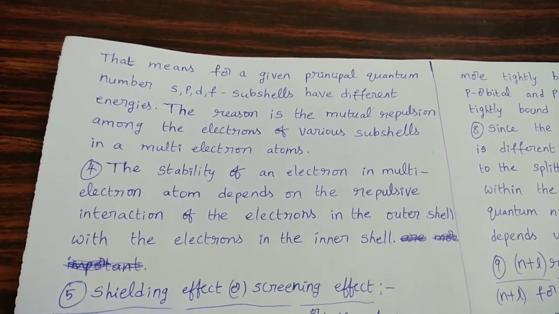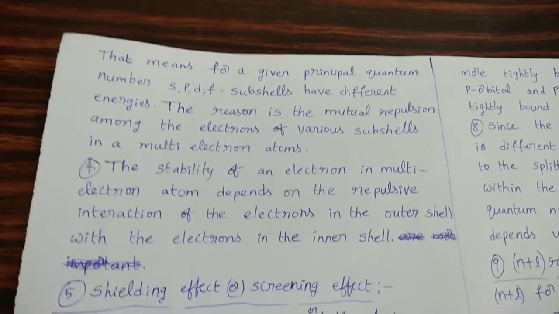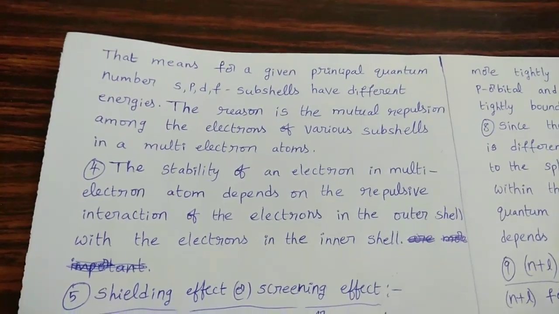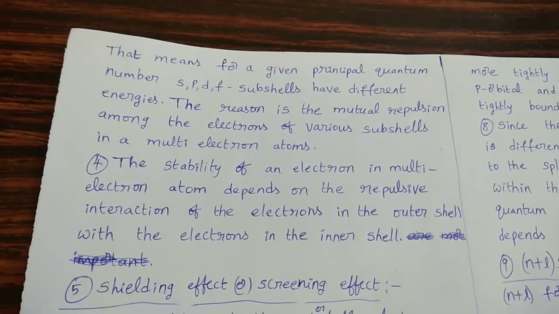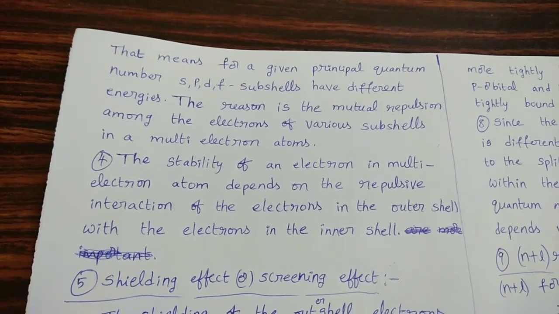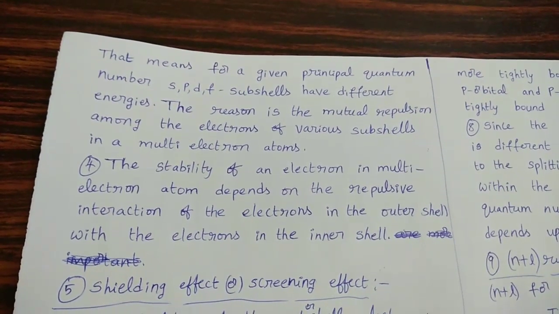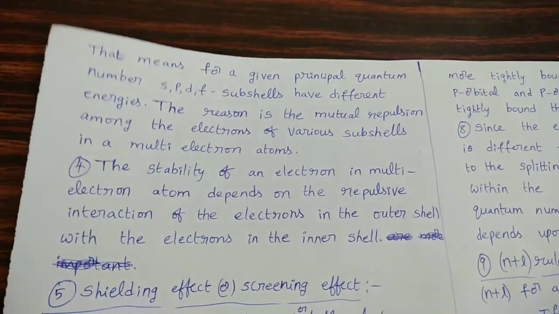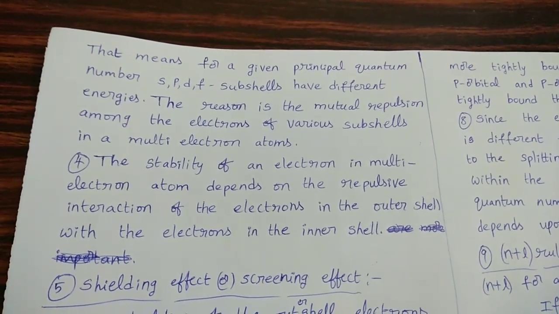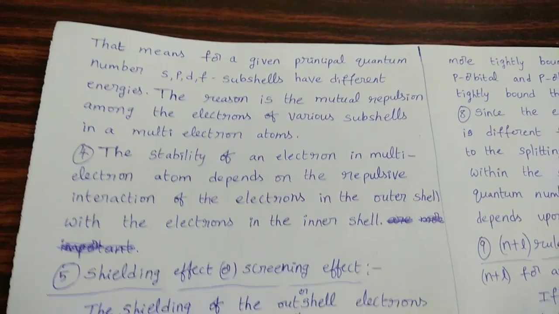Between the nucleus and the outer shell, inner shells also have electrons. Now inner shells have electrons, outer shell has electrons, all are the same type of charged particles. So repulsive forces develop between them. These repulsive interactions decide the stability of the multi-electron atom. If repulsive interaction is more, stability is less. If repulsive interaction is less, stability is more.